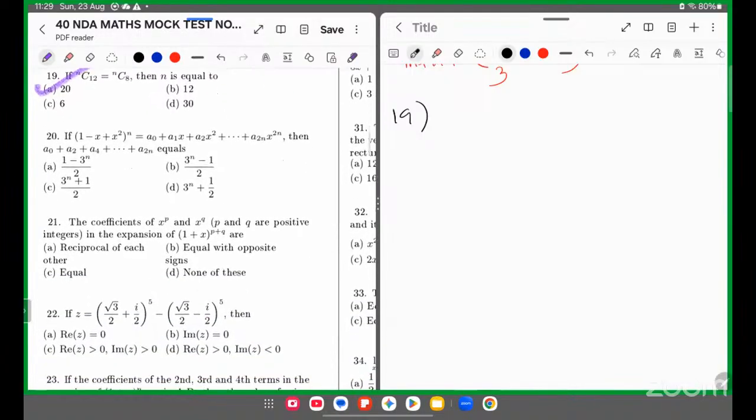Question number 20. 1 minus x plus x square, the whole raised to n. So if you want to calculate this, put x equal to 1.